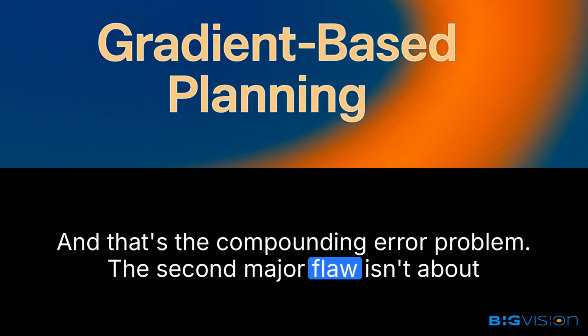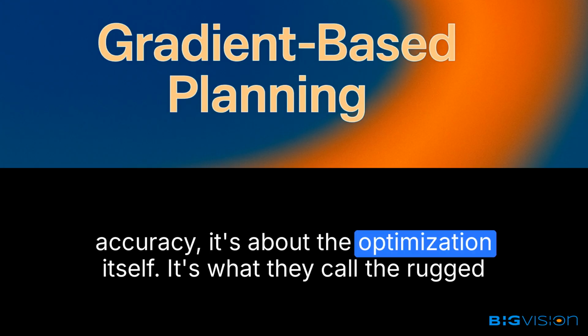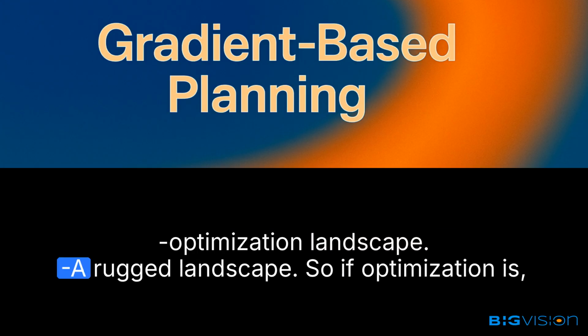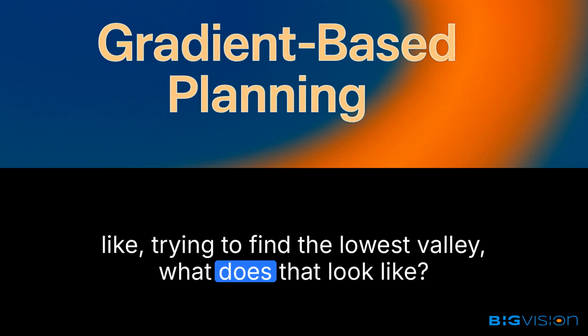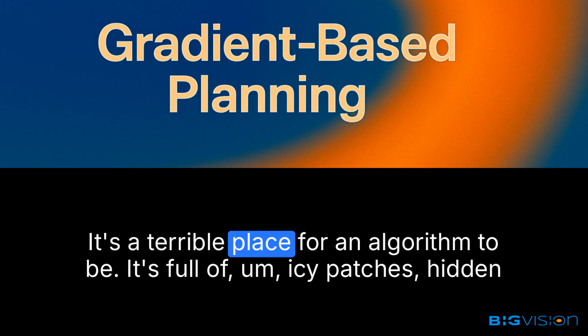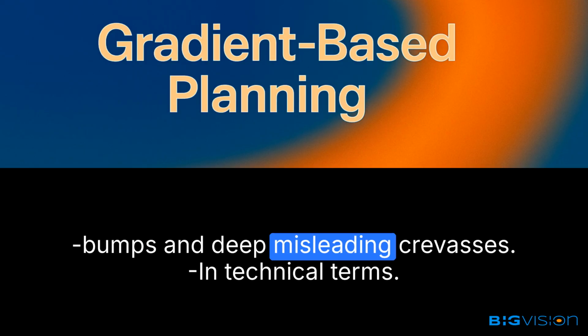The second major flaw isn't about accuracy, it's about the optimization itself. It's what they call the rugged optimization landscape. So if optimization is like trying to find the lowest valley, what does that look like? It's a terrible place for an algorithm to be. It's full of icy patches, hidden bumps, and deep, misleading crevasses.